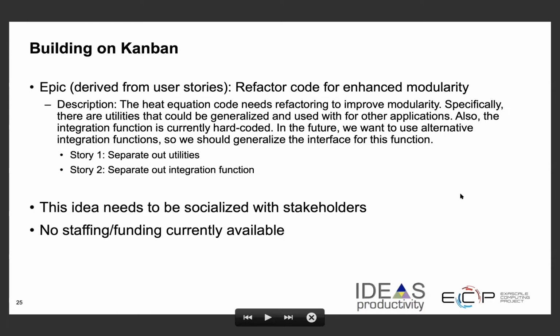This slide gives an example of a heap equation epic, and then it shows how two stories are created from it, and then the stories can be used to improve your case with stakeholders and deal with staffing, funding issues, and so on.